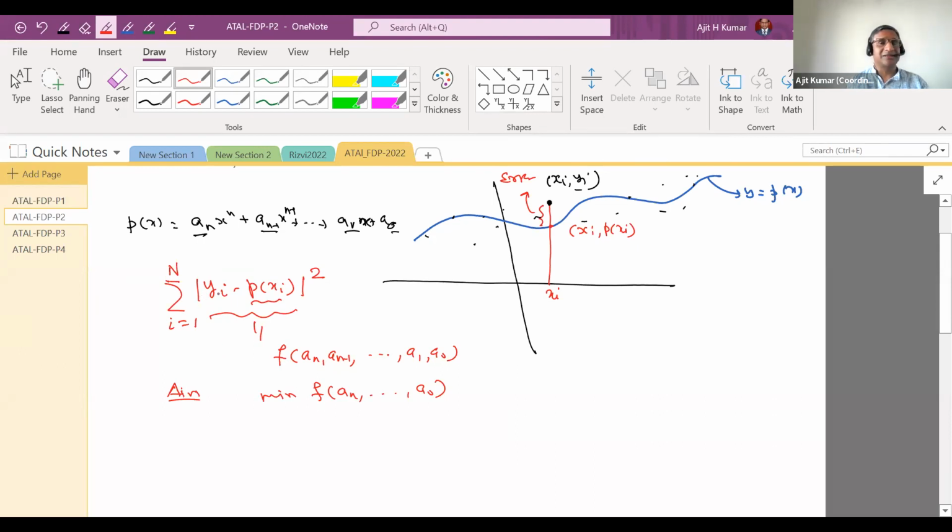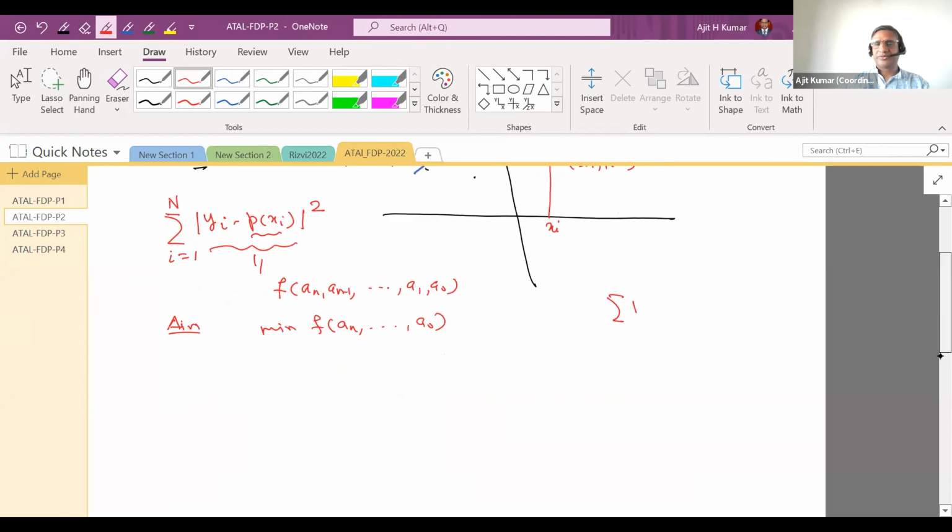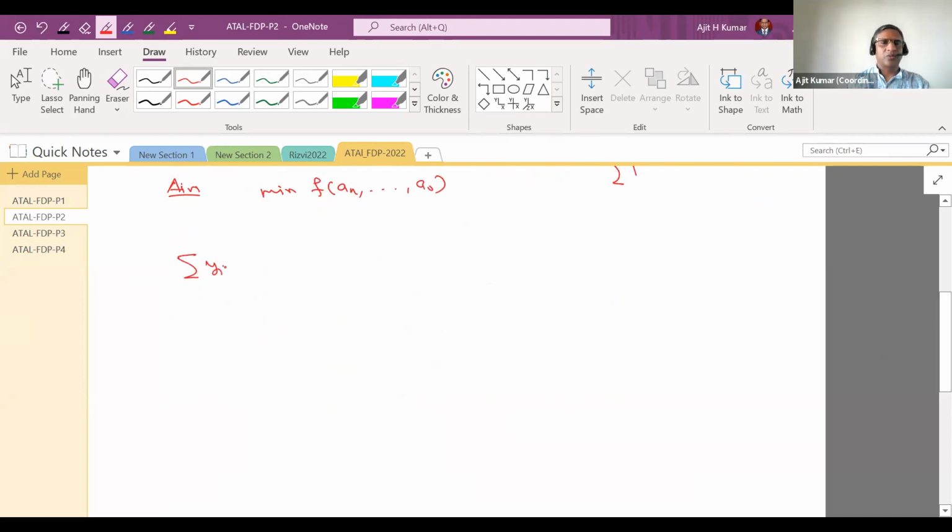I can think of this summation of yi minus p(xi) squared, or simply the square, as the norm squared of this: my first vector is going to be y1, y2 up to yN, minus p(x1), p(x2) up to p(xN).